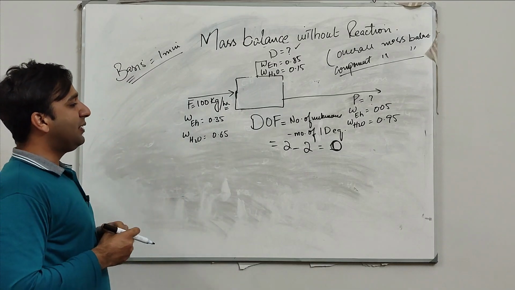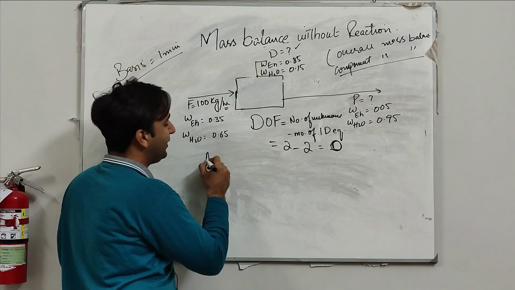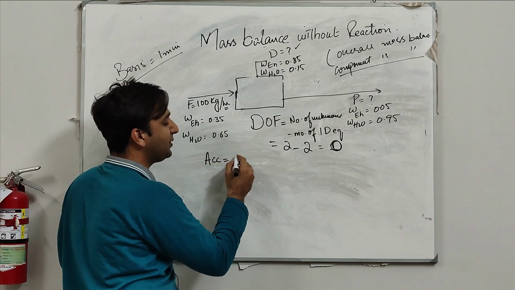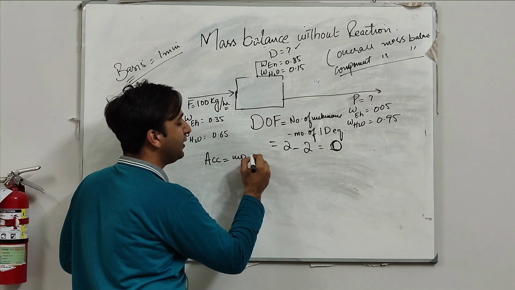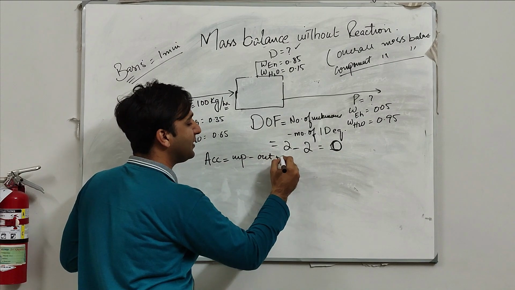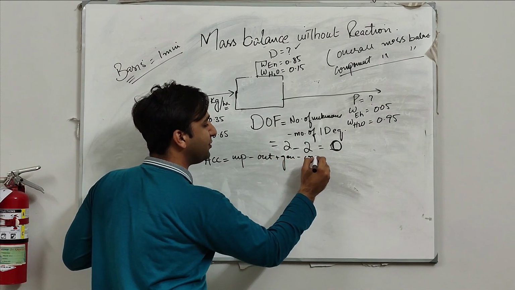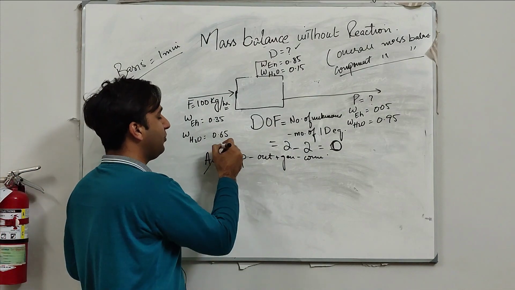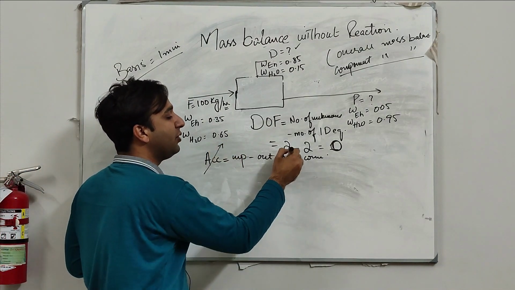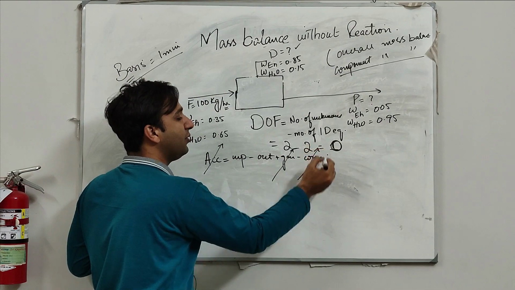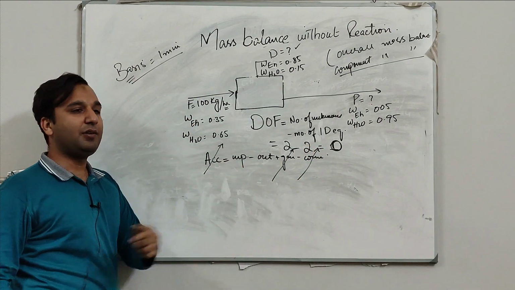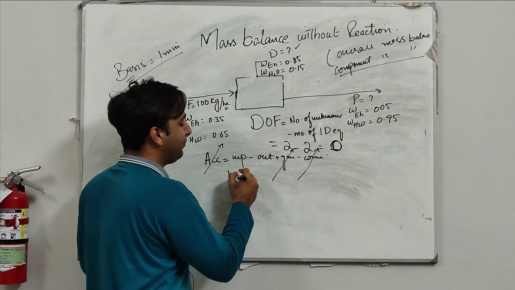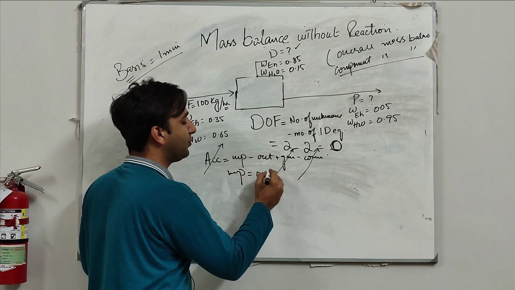Before starting, we begin with the general mass balance equation: input minus output plus generation minus consumption. As it is a steady state process, accumulation will be equal to 0. There will be no generation and no consumption. Input will be equal to output.